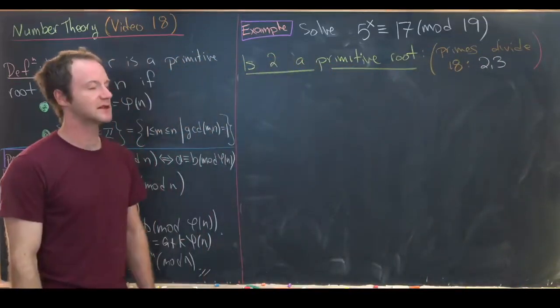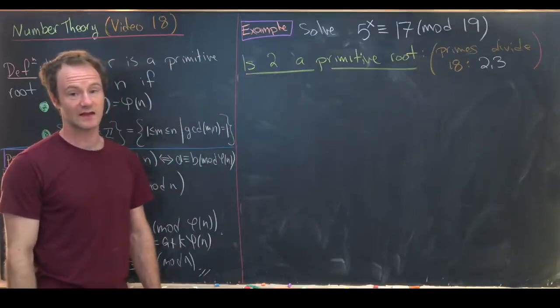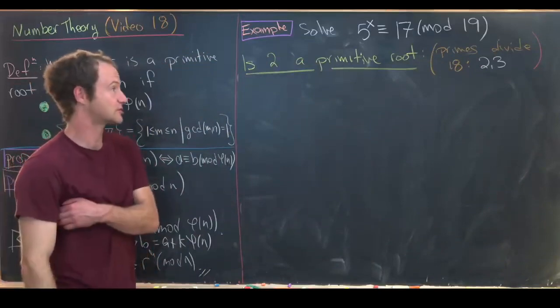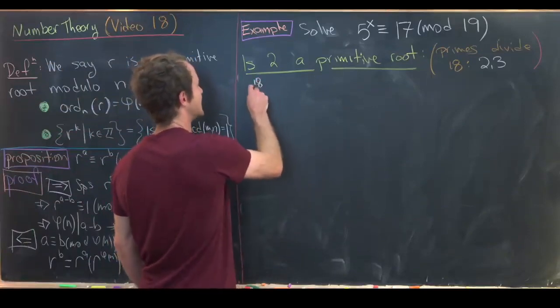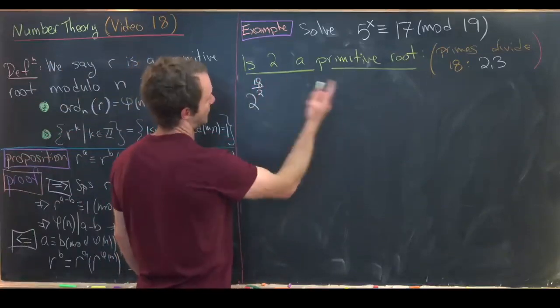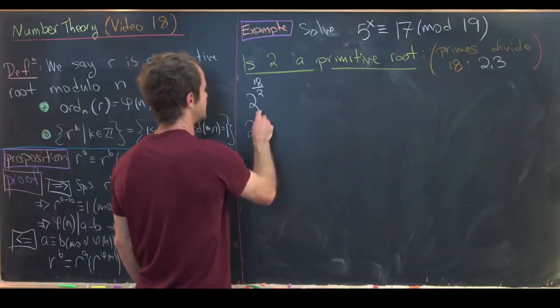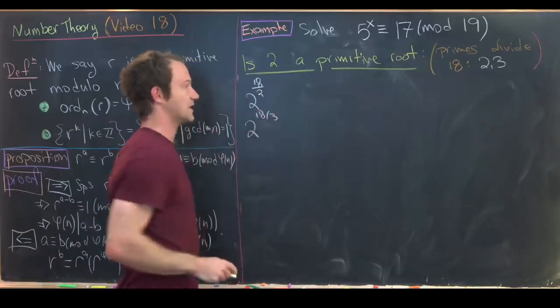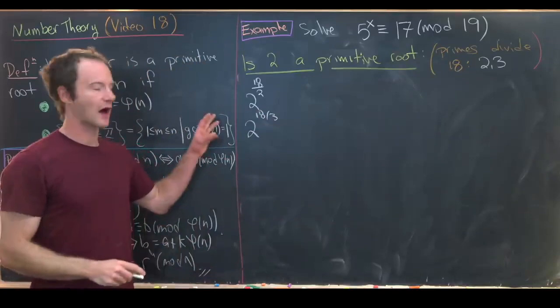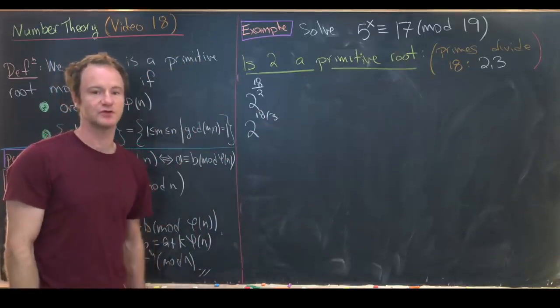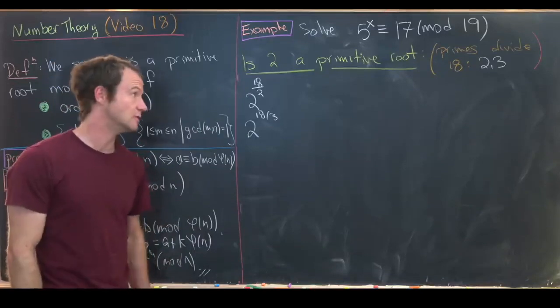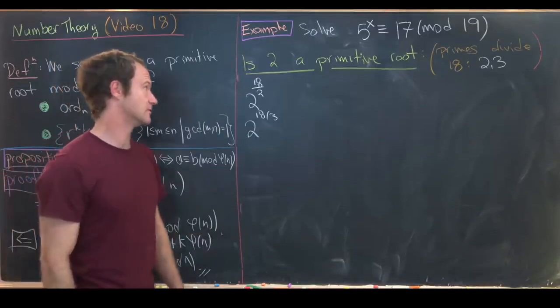So that means we've got a little bit more work than we had last time, but not too much. So let's calculate 2 to the 18 over 2 mod 19, and then 2 to the 18 over 3 mod 19. Our hope is that neither of these is congruent to 1 mod 19, which would mean that 2 is a primitive root mod 19.